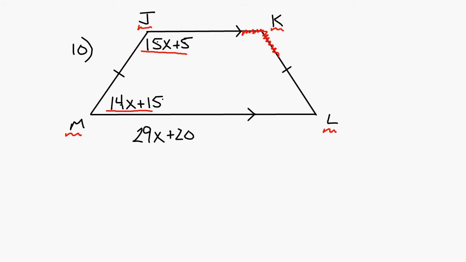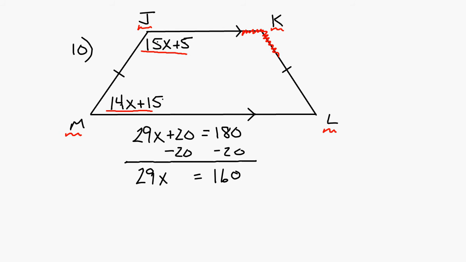And that's got to equal 180 degrees. So something doesn't look right here, but subtract 20 from each side. Yeah, 29x equals 160, divide by 29.